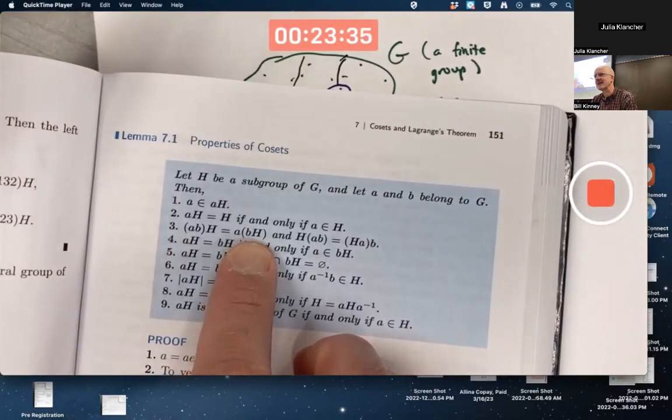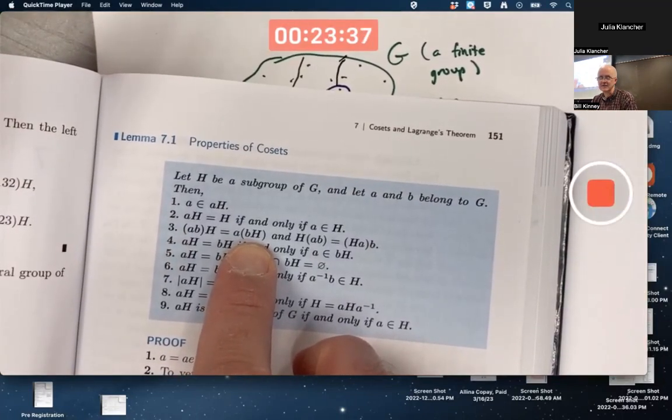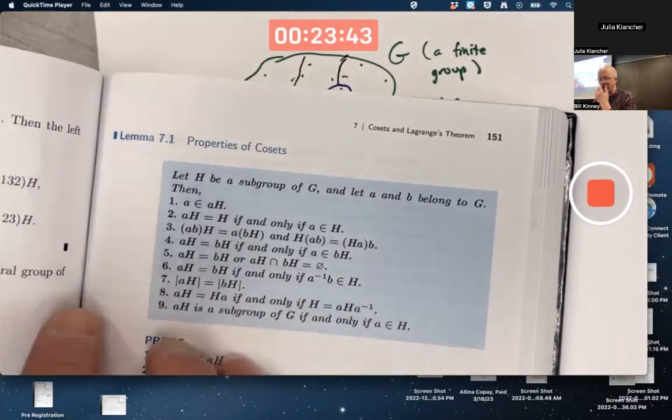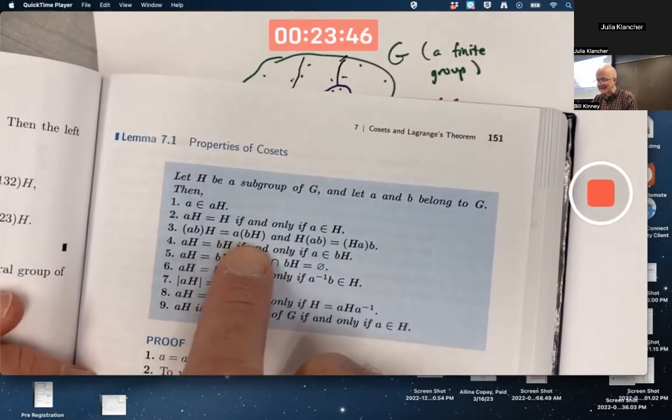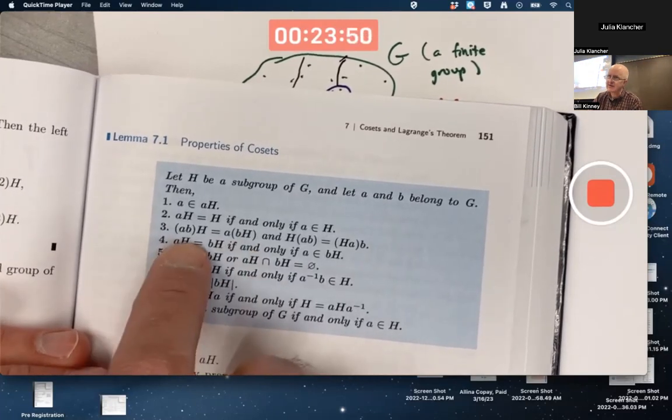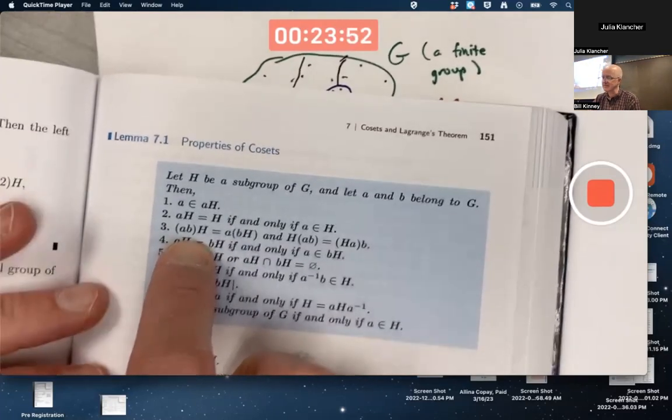BH is not necessarily a subgroup of G. In fact, it would not be a subgroup if B is not in H. So you really shouldn't call this, as it's written here, a left coset, though it does end up equaling this left coset. So in the end, it is a left coset.